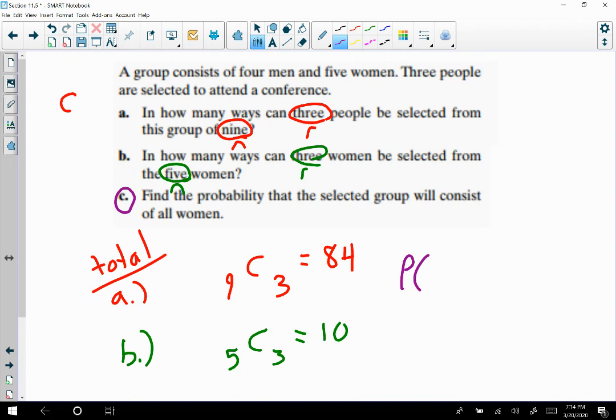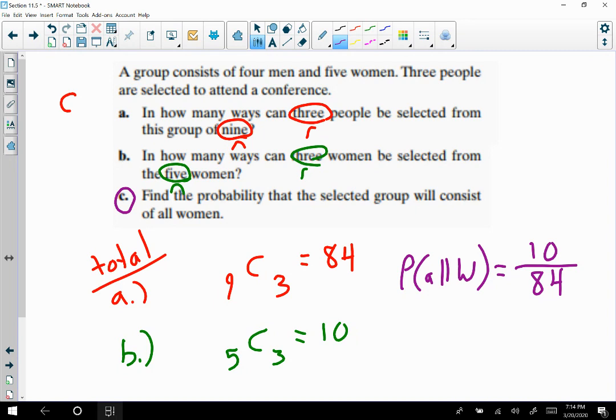What is the probability of choosing all women? Well, how many ways can we choose a group of 3 women? 10. How many ways are there total for our group? 84.